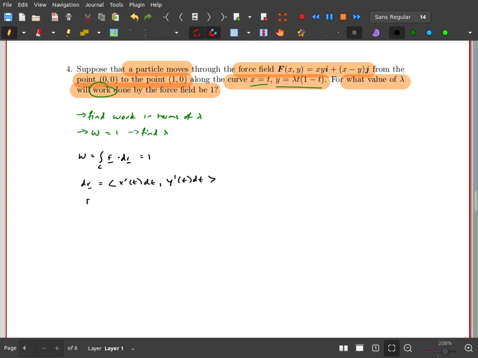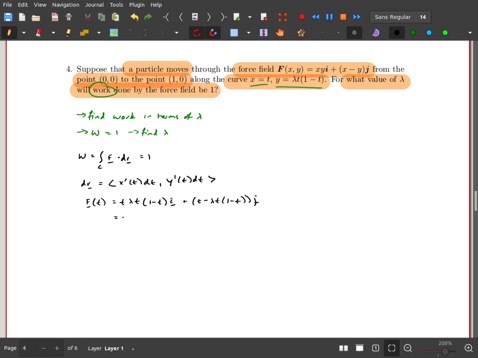And then F, we want this to be in terms of t instead of x and y, so we'll have to substitute them in. x is equal to t, so t times lambda t times 1 minus t, times i, plus t minus lambda t times 1 minus t, times j.